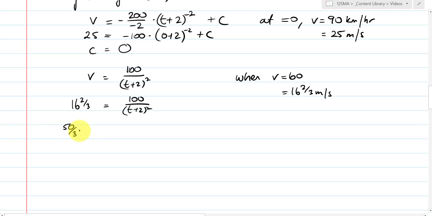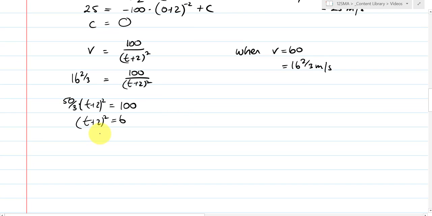It's probably going to be easier to deal with t plus... that's a weird t in plus, so let's change it around. t plus 2 squared equals 100 over 50 times 3. Dividing 100 by 50, I get 2, times 3, that gives me 6. So t plus 2 squared equals 6, and therefore t is equal to the square root of 6 minus 2.